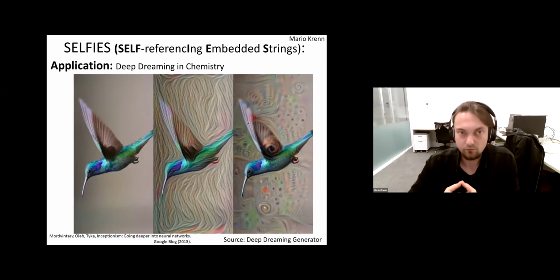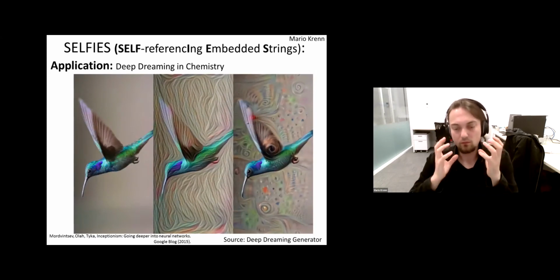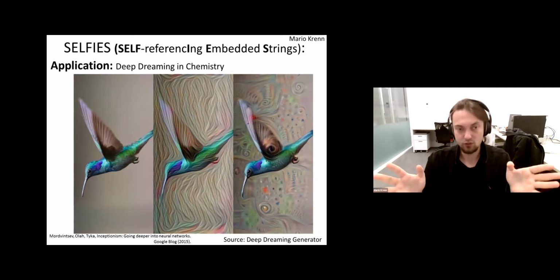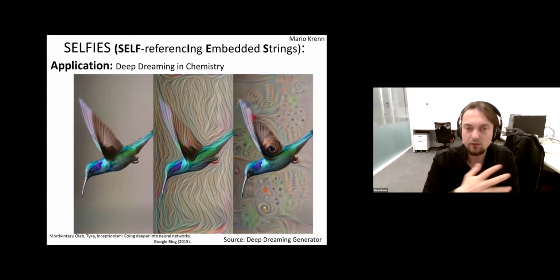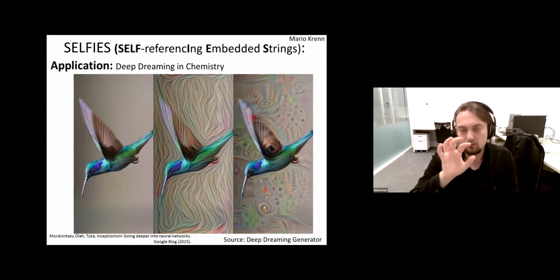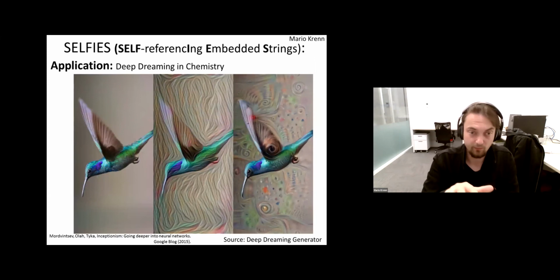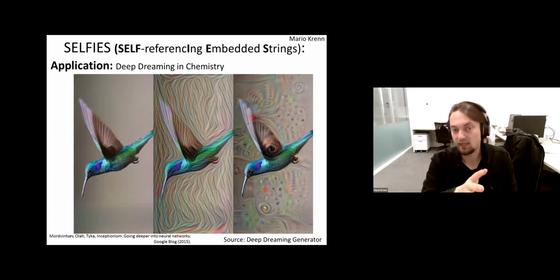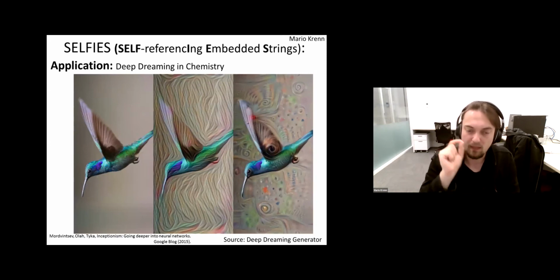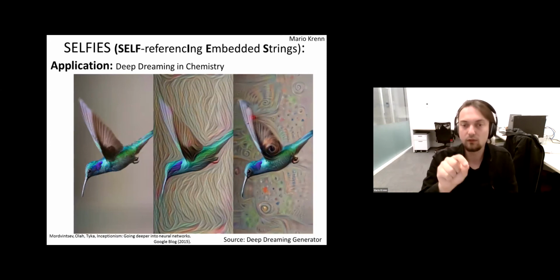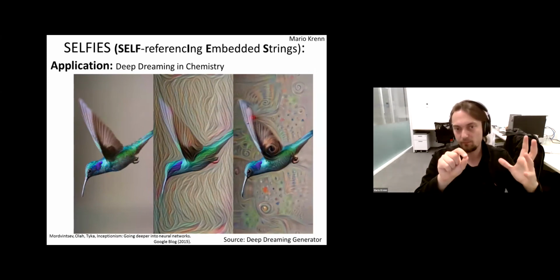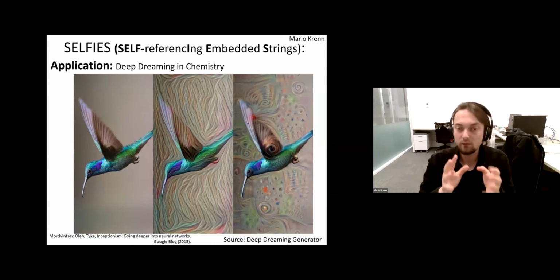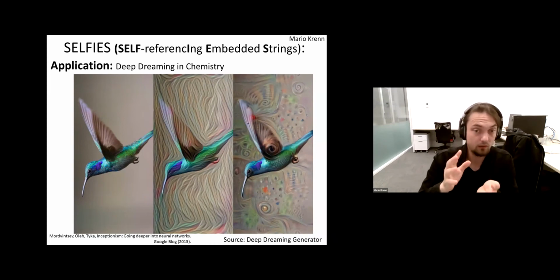And the idea of deep dreaming is that you take a neural network that can classify your images, and then you give it a new image. But instead of letting the neural network classify the image, you take one neuron, for instance, one in the second to last layer, and you try to maximize the output of that neuron by changing the picture. And in that way, you kind of can get a rough idea of what this neuron is looking for.